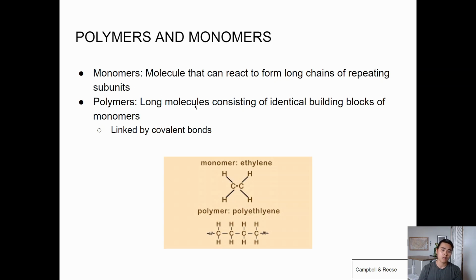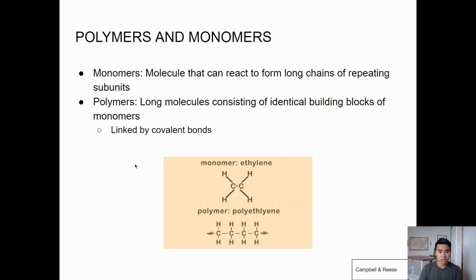A polymer is a long molecule consisting of identical building blocks of monomers, and they are linked by covalent bonds. So in a Lego, you have the Lego piece, and you have that little circle at the top of it that links it to another Lego. Think of it like that's a monomer. The circle in the insert is the covalent bond, and then when you attach a bunch of those together, you form a polymer.